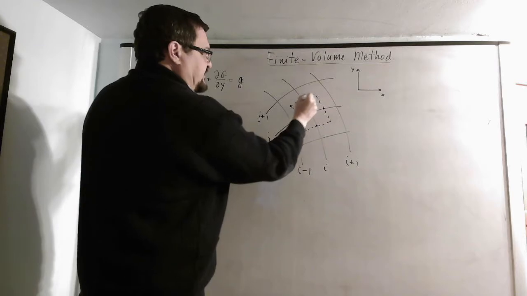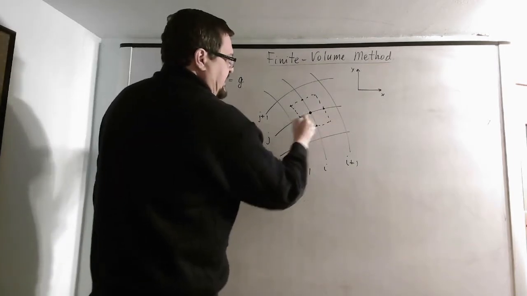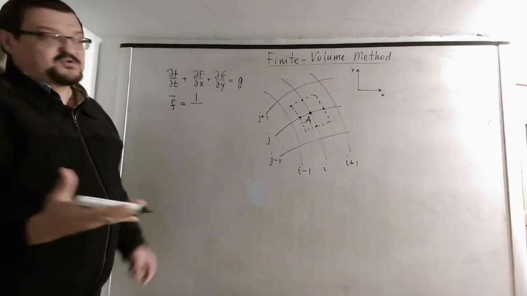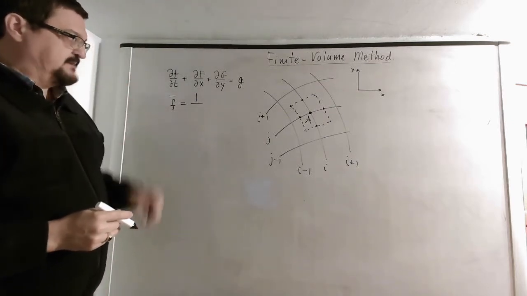So this is our grid cell, and this cell has area A, which we can compute before the actual computation, to save some time.